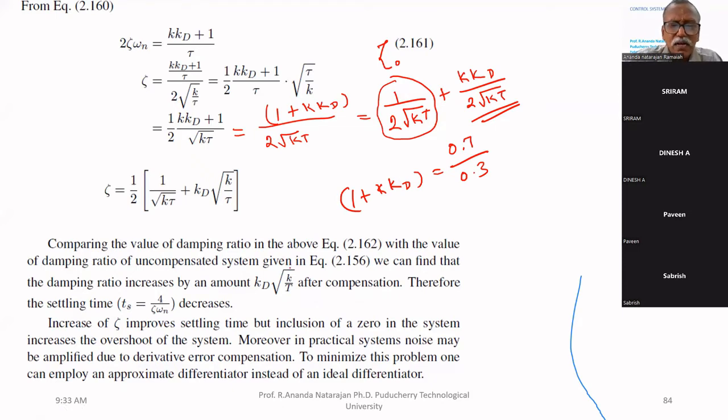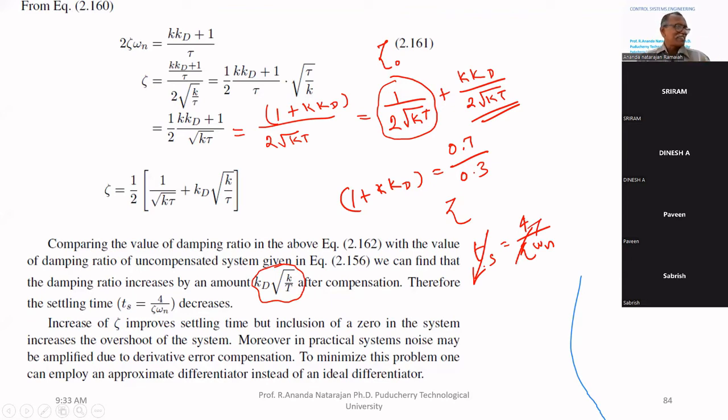So we can modify the damping zeta. Settling time Ts equal to 4 upon zeta omega n, that we know. As zeta increases, settling time will decrease. Therefore, derivative compensator will decrease settling time.